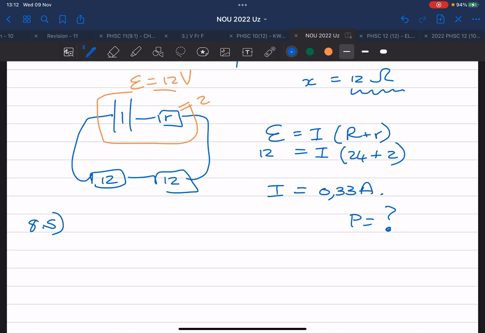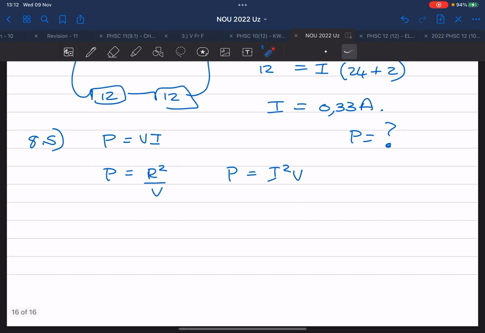Okay. Goed, now there's a few formulas for power. Daar's P is gelyk aan V maal I. P is gelyk aan R kwadraat oor V. En P is gelyk aan I kwadraat maal V, dink ek. Is dit reg? Is dit nie V oor R kwadraat nie?